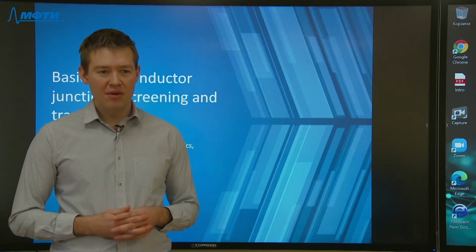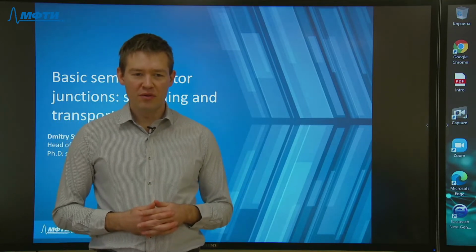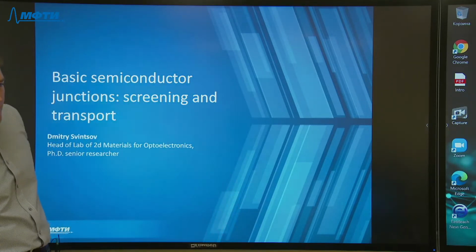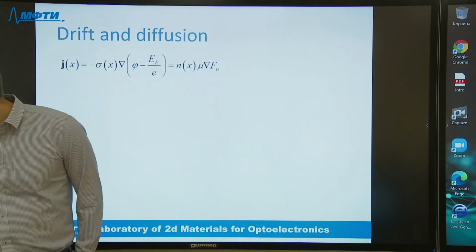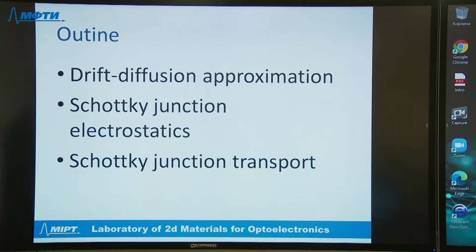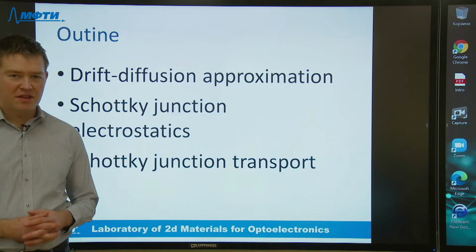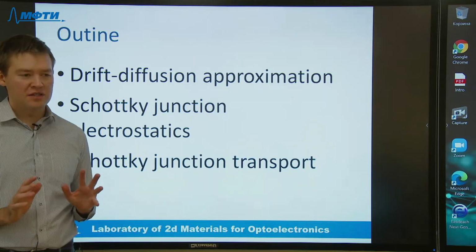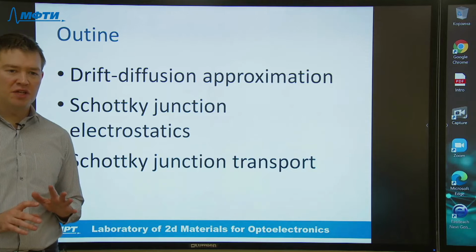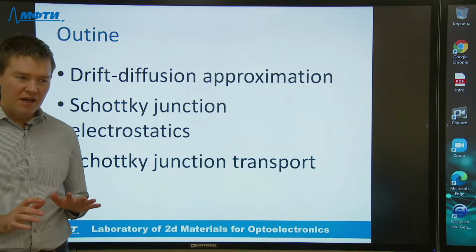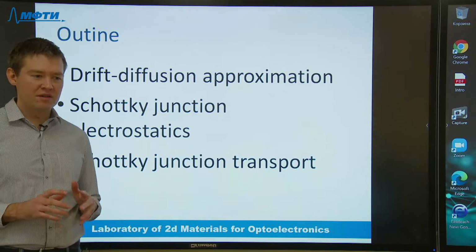And first of all, I would like to formulate the system of drift-diffusion equations, which is the system of equations that follows under some approximations from Boltzmann kinetics, and which is quite well solvable in several situations.